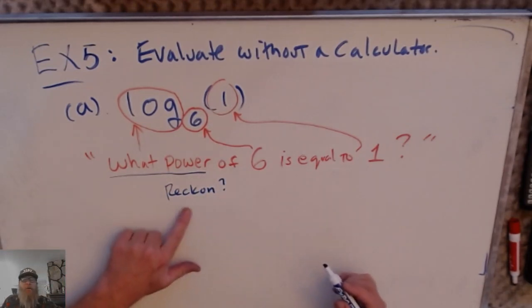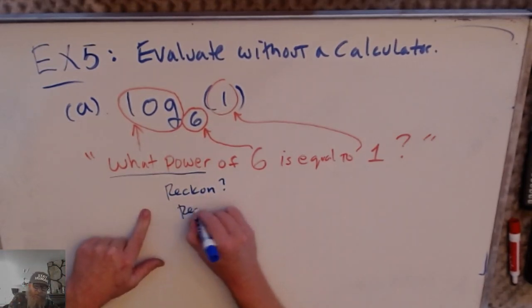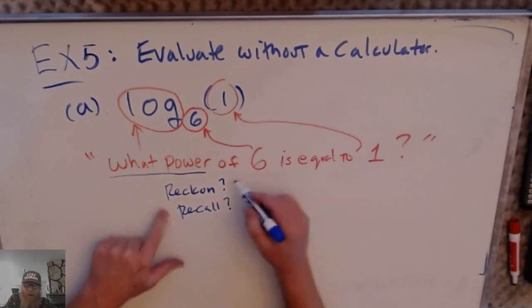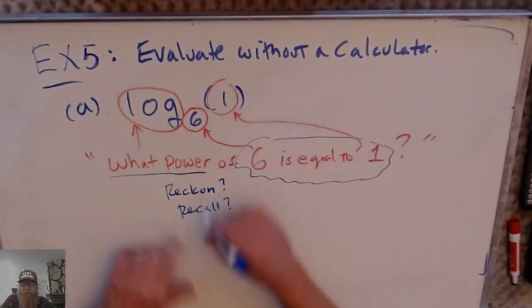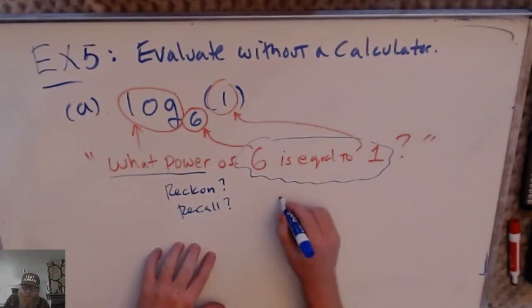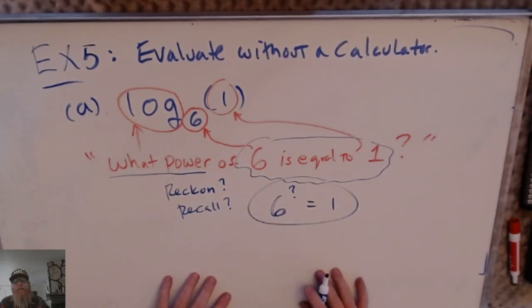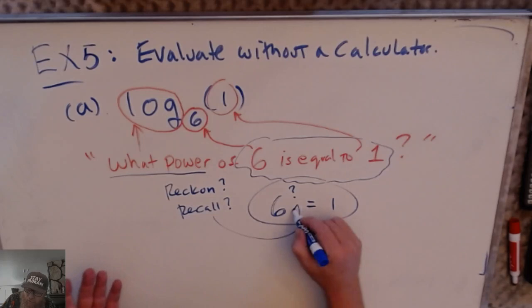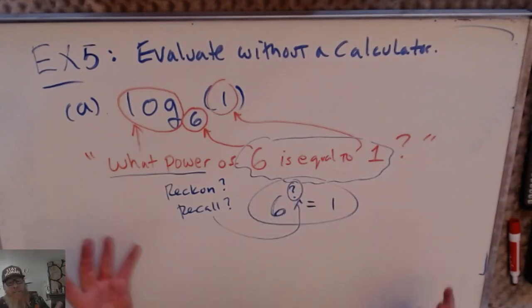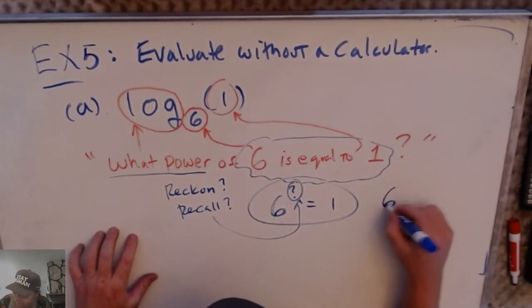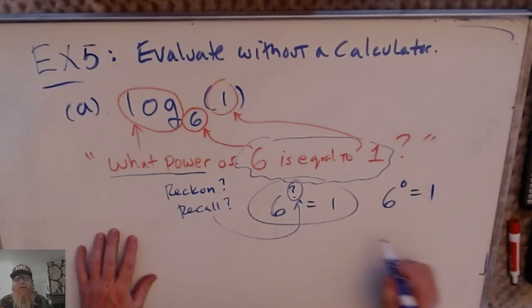Do you recall what power of 6 would equal 1? In other words, 6 to what power would come out to be 1? And hopefully you remember what power of 6 comes out to be exactly 1. 0, right?